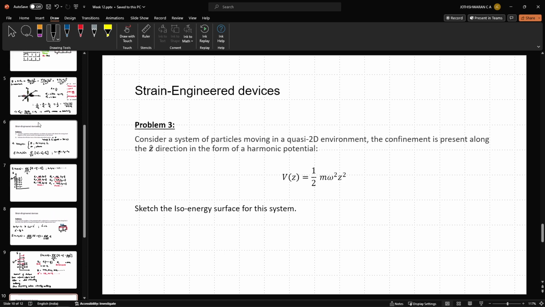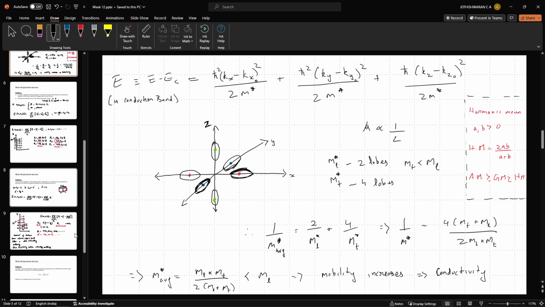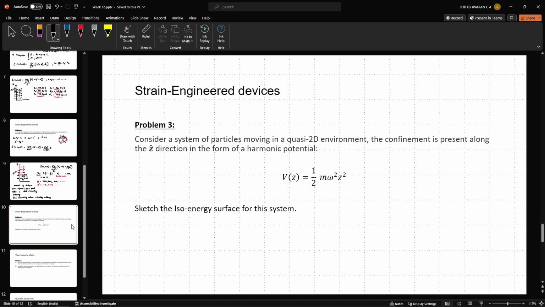So over here, I just drew the figure and said, okay, now these are the isoenergy surfaces for a 3D material. So now we'll try to construct the isoenergy surfaces. So before we start, isoenergy, as you may know, means same or equal energy.